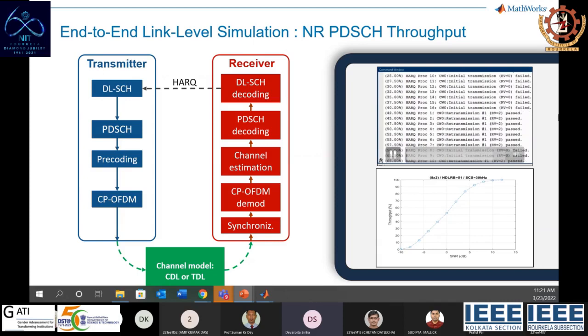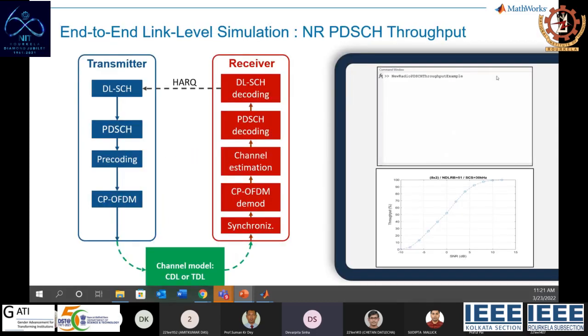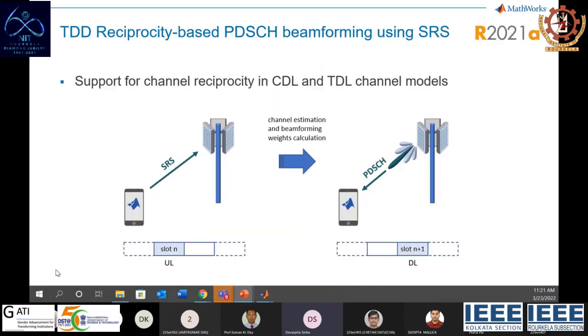It is showing initial transmission, and this is showing retransmission. That means the previous transmission failed, and once it successfully passes, it starts transmitting the next signal. And this is the plot of the throughput, SNR versus throughput. So I leave it to you to explore by yourself.